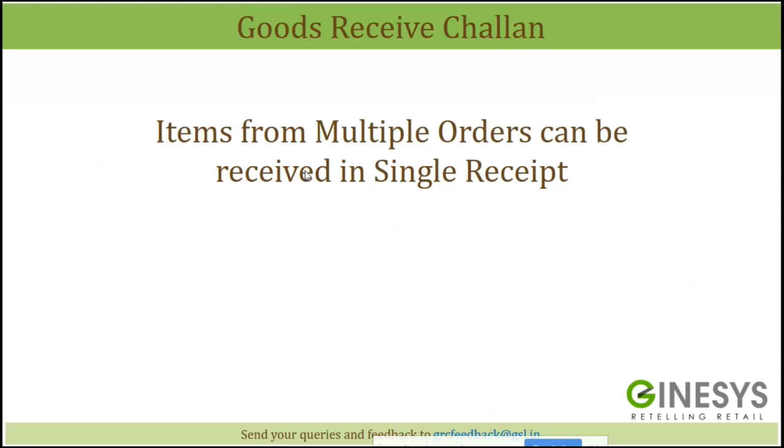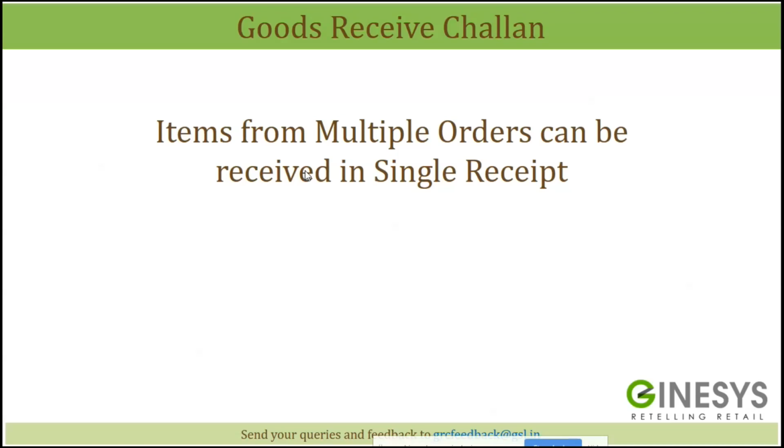As of now, there was a restriction in the Ginesys application that if we were making a receipt challan against an order, we were not able to select multiple orders in a single receipt.